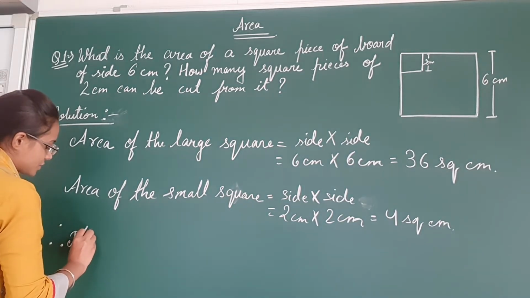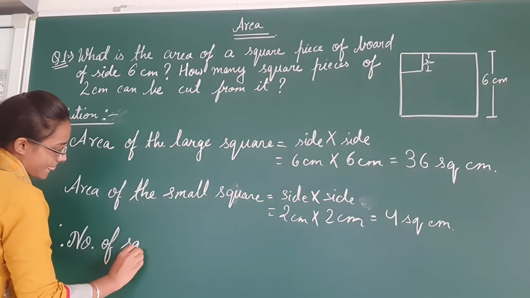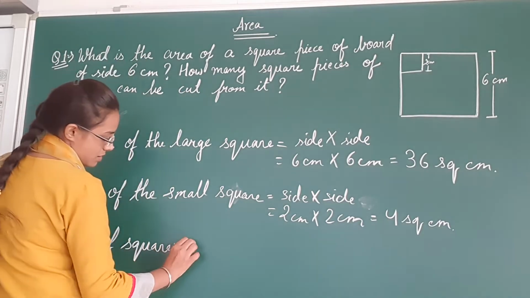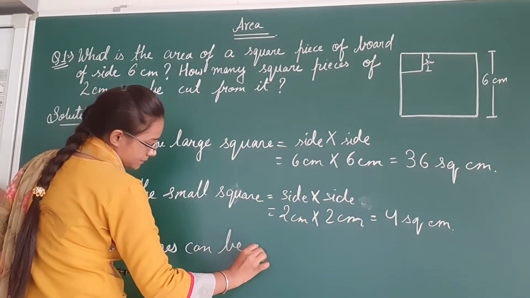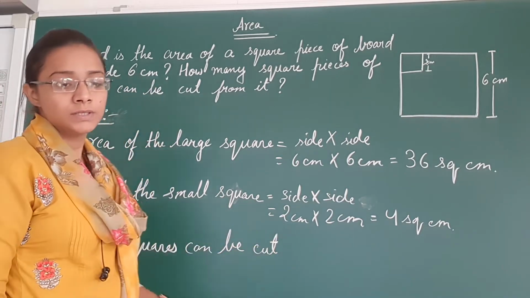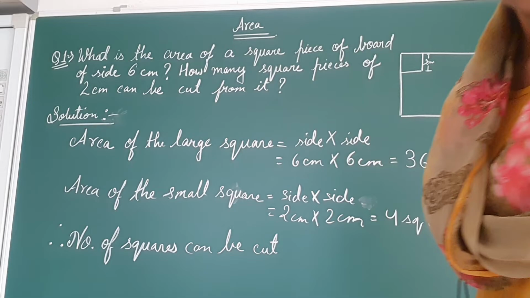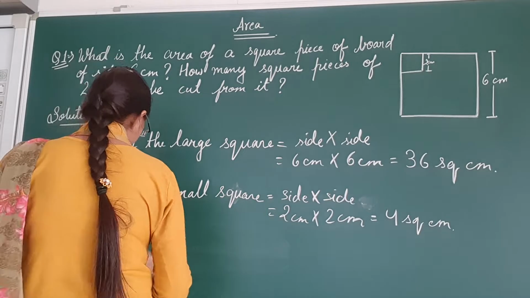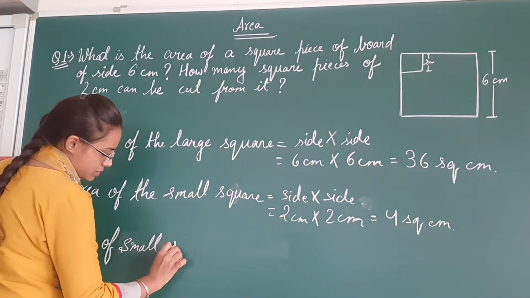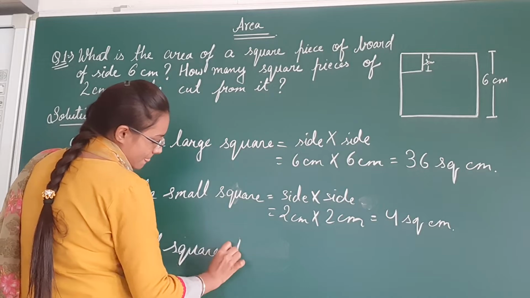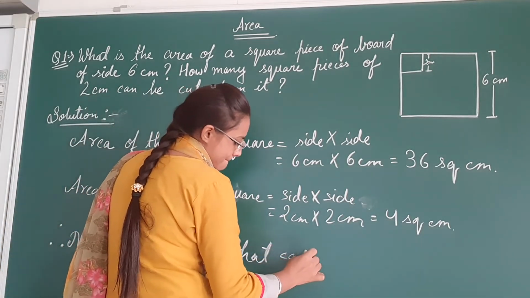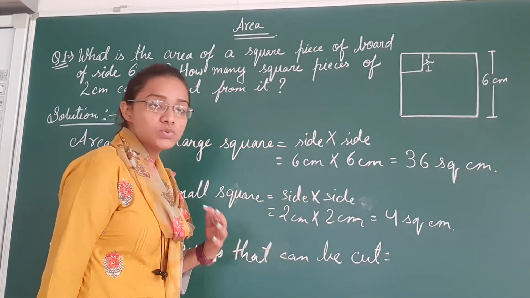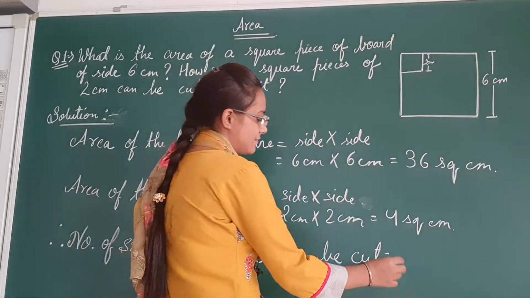Therefore, the number of squares that can be cut is equal to the number of small squares that can be cut. To find out how many, we have to divide.